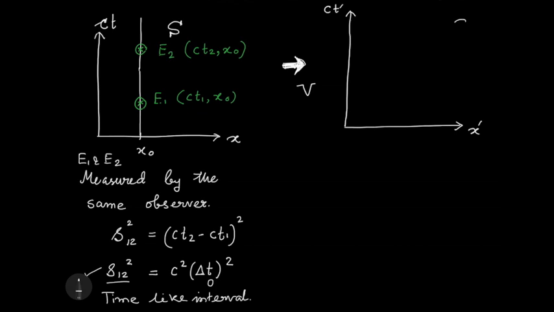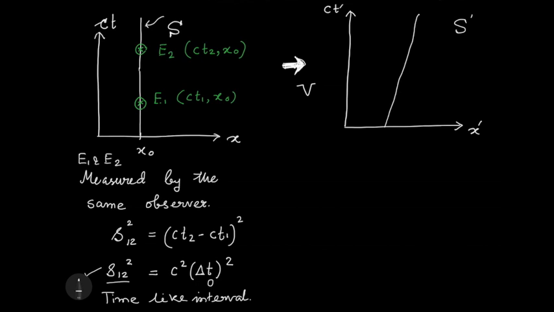Which means the observers in the S prime frame are moving with respect to the observers in the S frame with a velocity v, or vice versa. The observers in the S frame are moving with a velocity v with respect to the observers in the S prime frame. So this was the trajectory of one observer in the S frame. Now that trajectory here will look something like this, which is the trajectory with constant velocity, right?